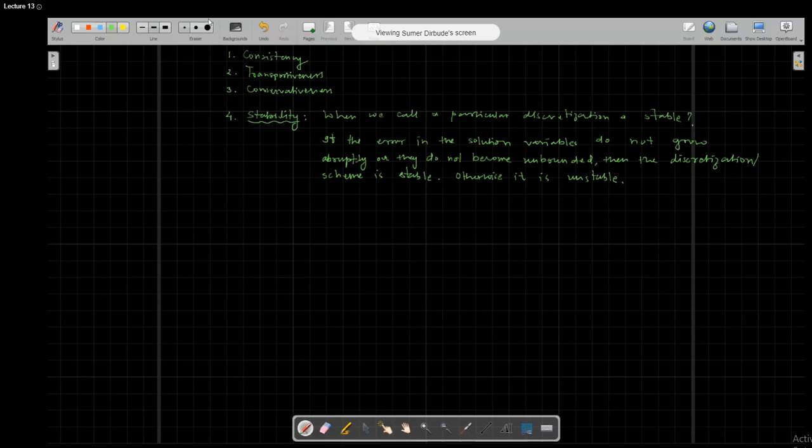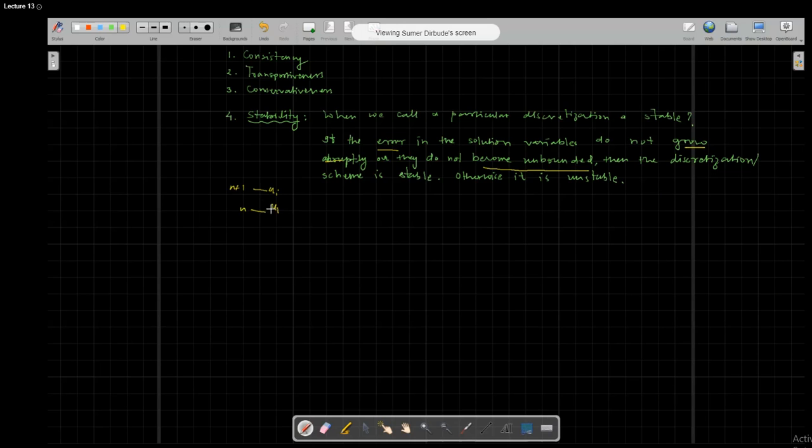Okay. So the thing is, the error in the solution variable should not grow abruptly or be unbounded. Solution variables like u, v, w. The solution at the ith point and nth time should not grow with respect to time. At n plus 1, you should not have very different values.